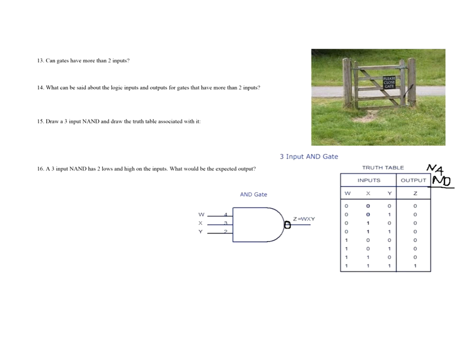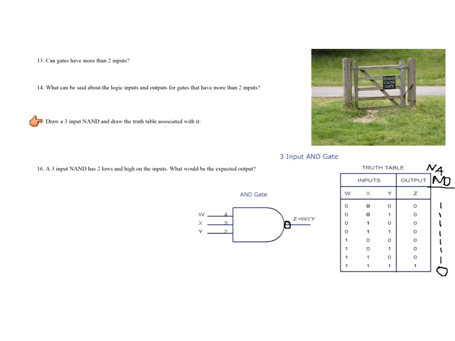What would be opposite of what we have for the AND gate? So my outputs here would be opposite. This would be a 1. This would be a 1. Here's a 1. 1, 1, 1, 1, and then 0 down here. So the only time I would get a 0 on the output of the 3-input NAND would be when all of them were high. So that's what they're getting at here.